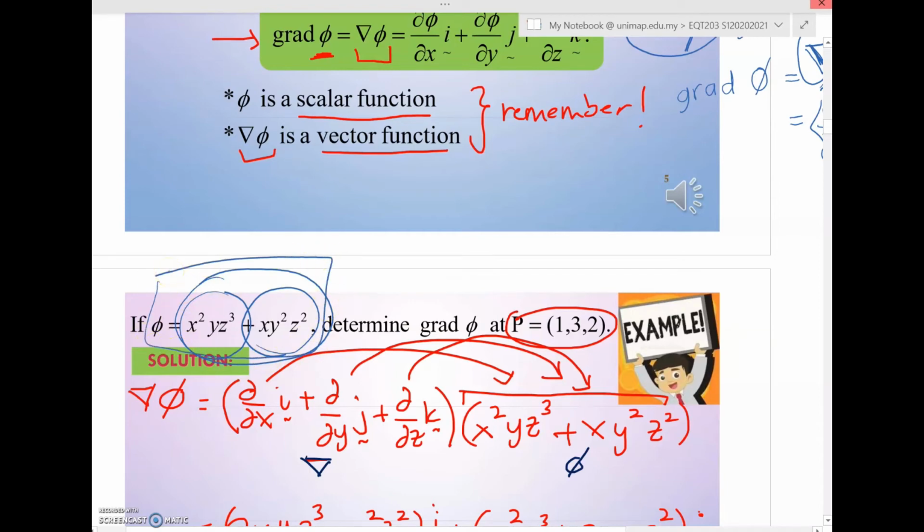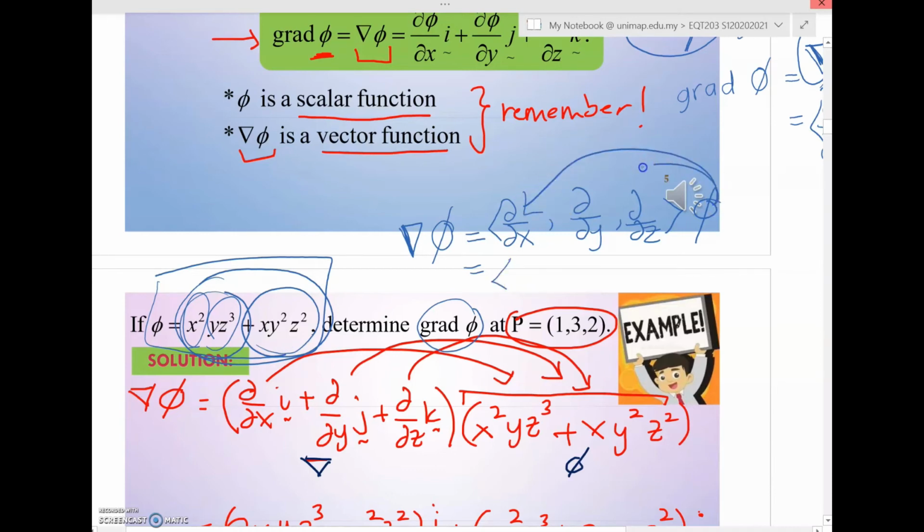Then to find the gradient of phi, it is actually del phi. Del is del x, comma del y and del z, operating on your phi. What is your phi just now? x square yz cube plus xy square z square. So you just bring your phi inside your differentiation.